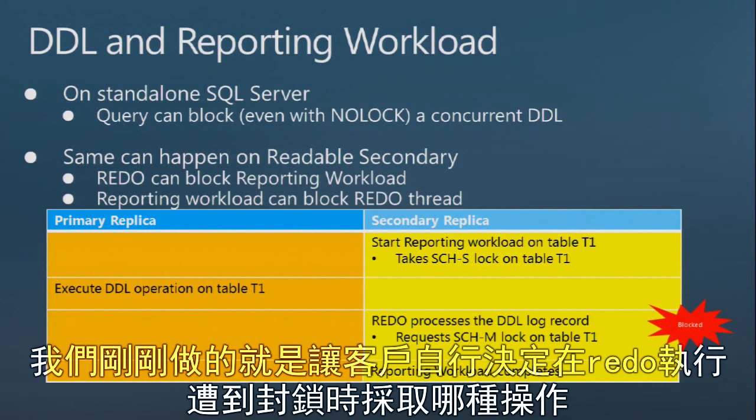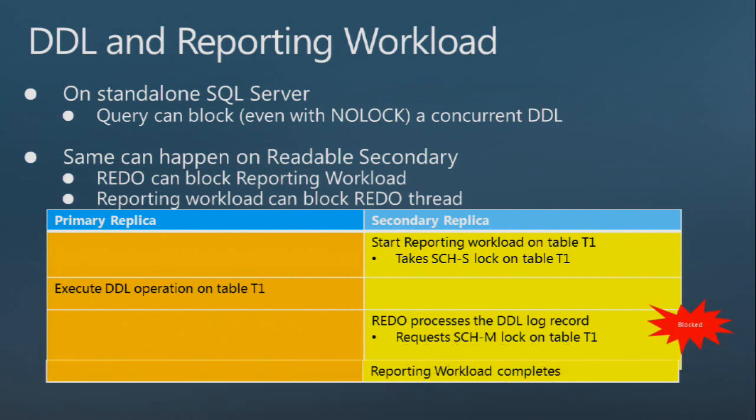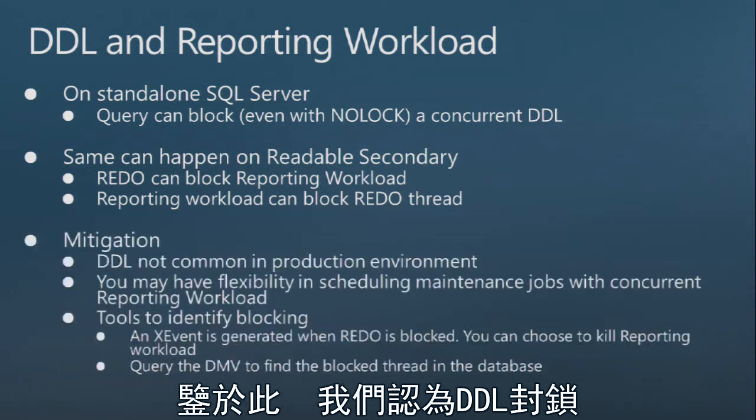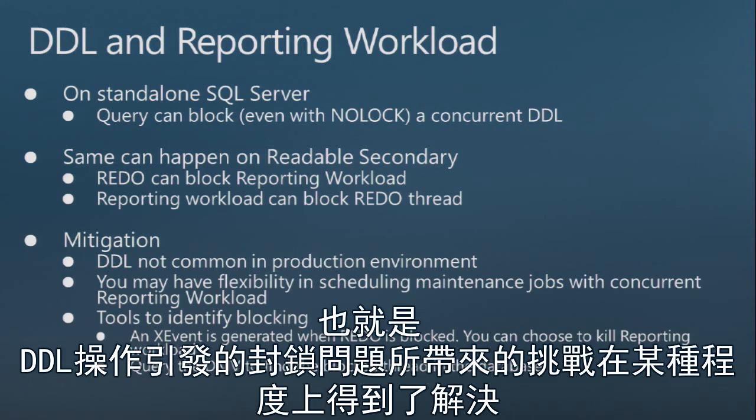So what we have done is, we have exposed the right knobs, and we let the customer decide what to do if the redo thread gets blocked. So with that, we feel that the challenges with the blocking caused by DDL operations are somewhat mitigated.